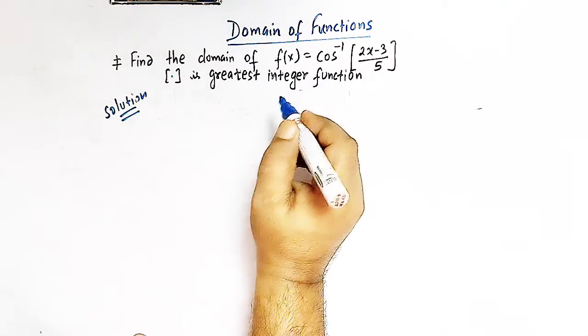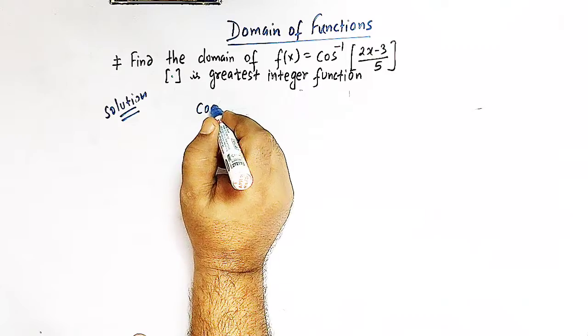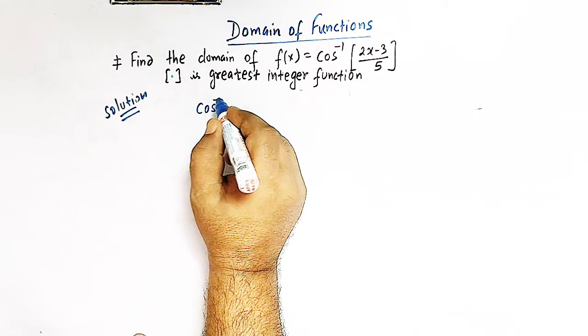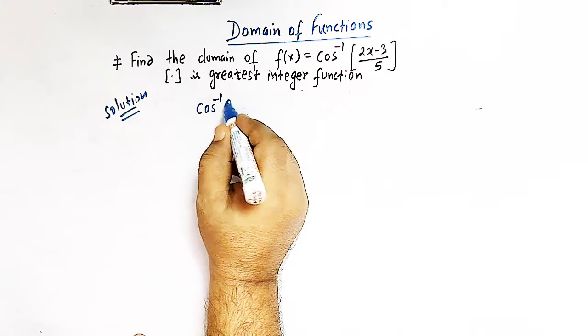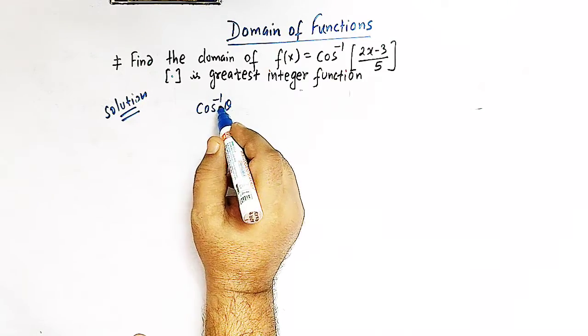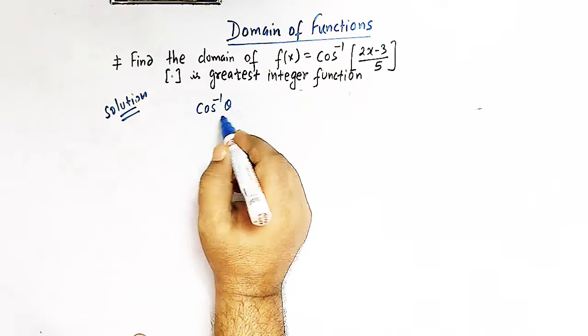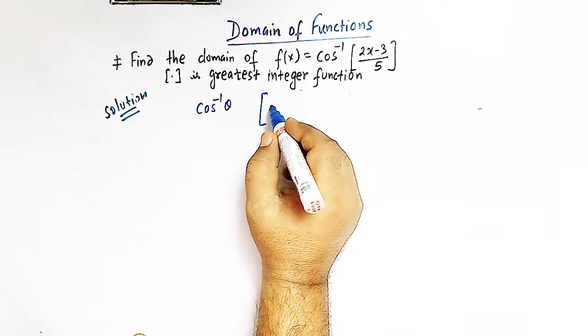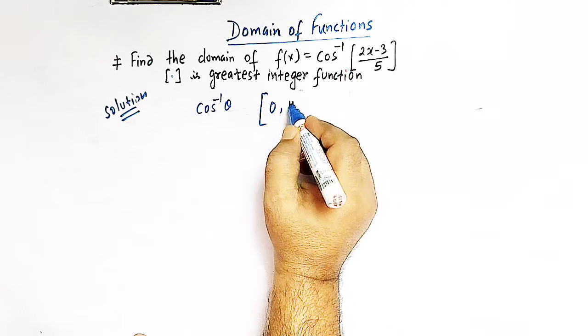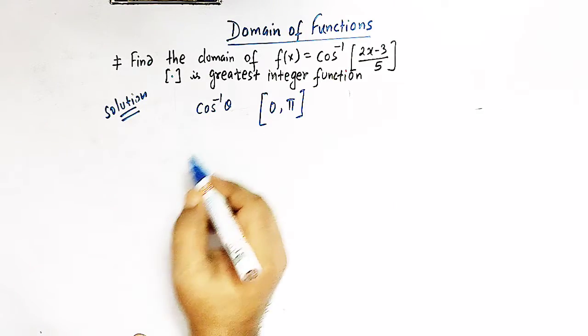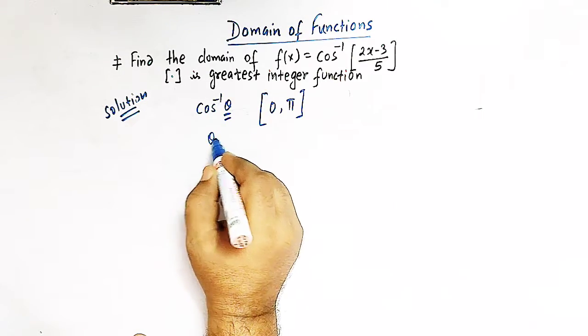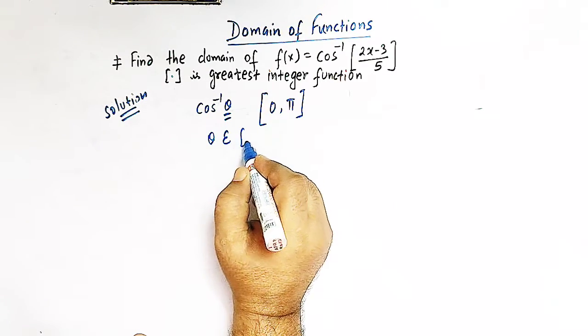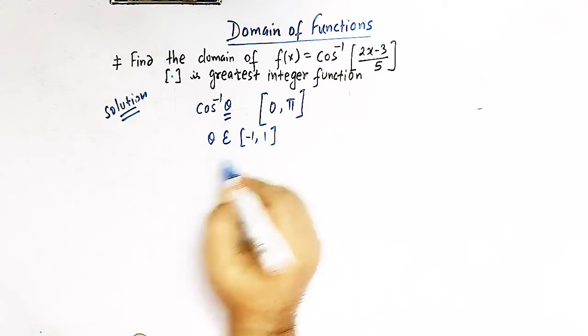Now here let us first see the inverse trigonometric function, that is cos inverse theta. We know that the range of cos inverse theta belongs to the interval from 0 to pi, right? And here theta must belong to the interval minus 1 to 1.